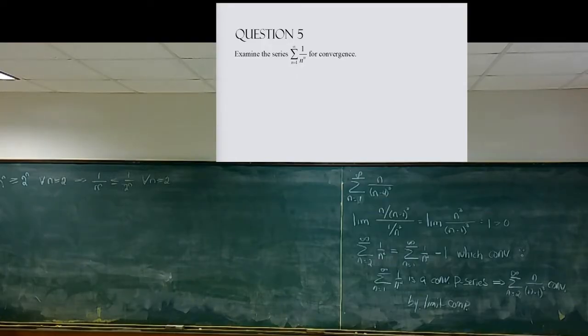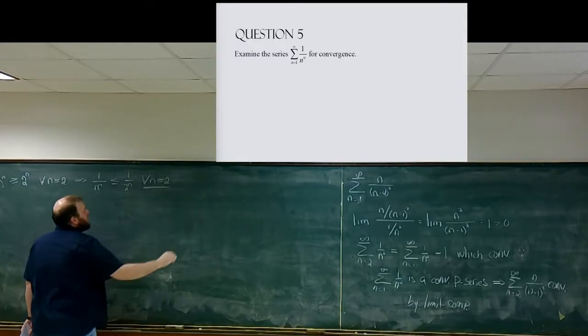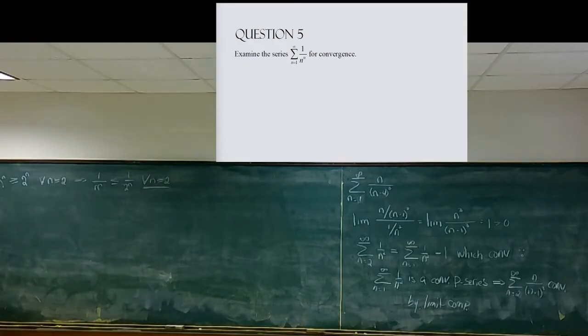That means 1 over n to the n would be less than or equal to 1 over 2 to the n for all n greater than or equal to 2. Again, notice that n has to be 2 or larger.